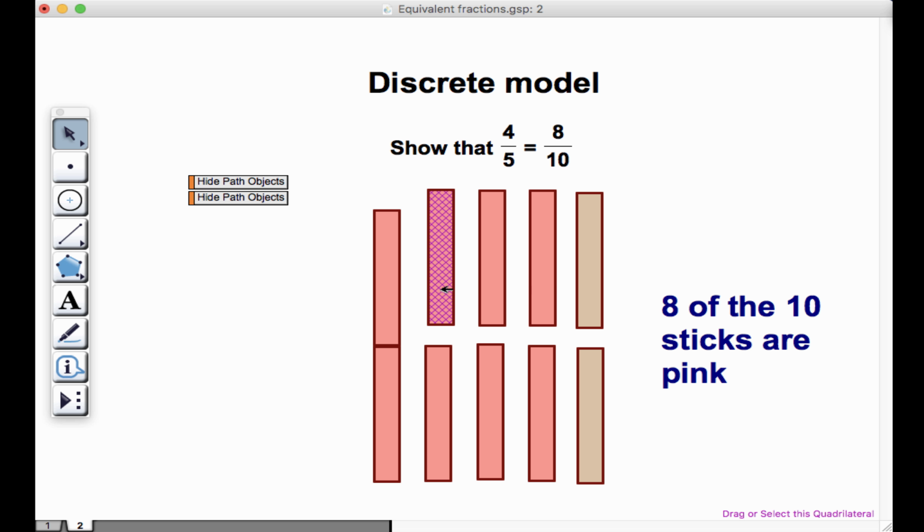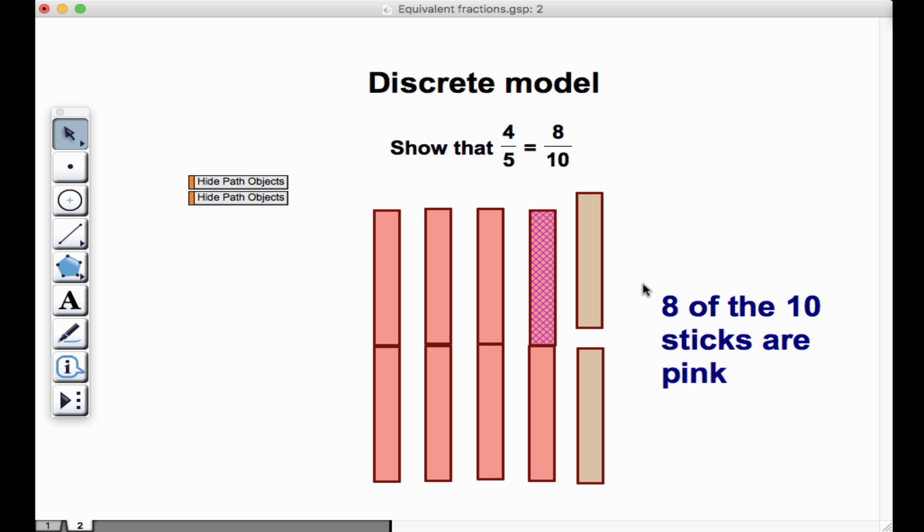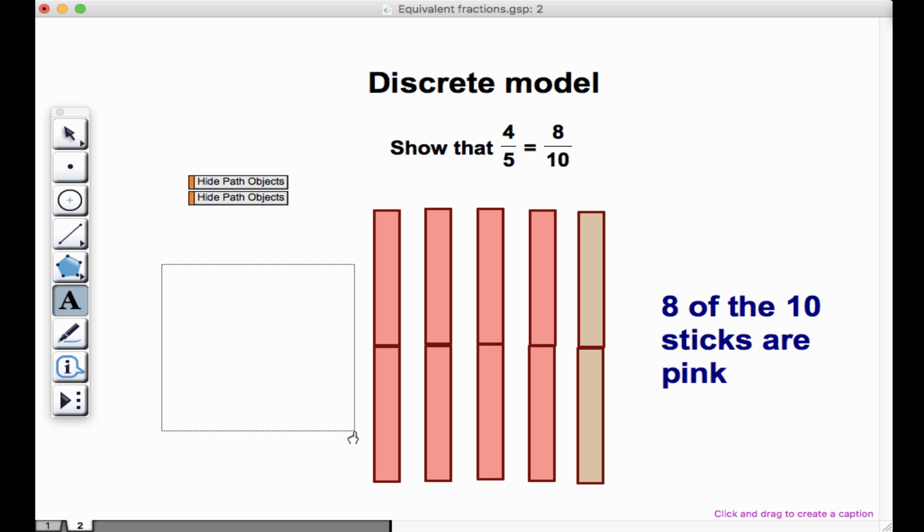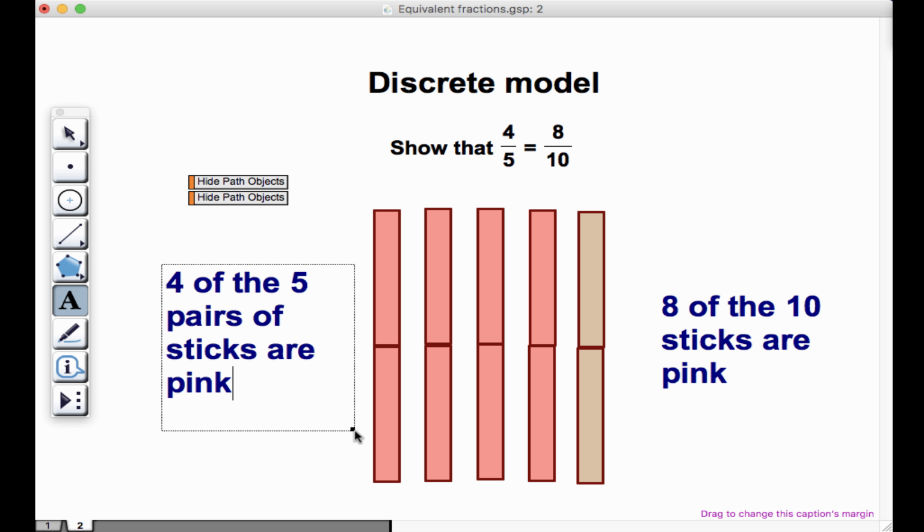So I put them together like this. You could circle them, you could do different things. But now I'm thinking about pairs of popsicle sticks. And there are 5 such pairs, and 4 of those are the pink pairs. So now I can say I have 4 of 5 of something. 4 of the 5 pairs of popsicle sticks are pink.